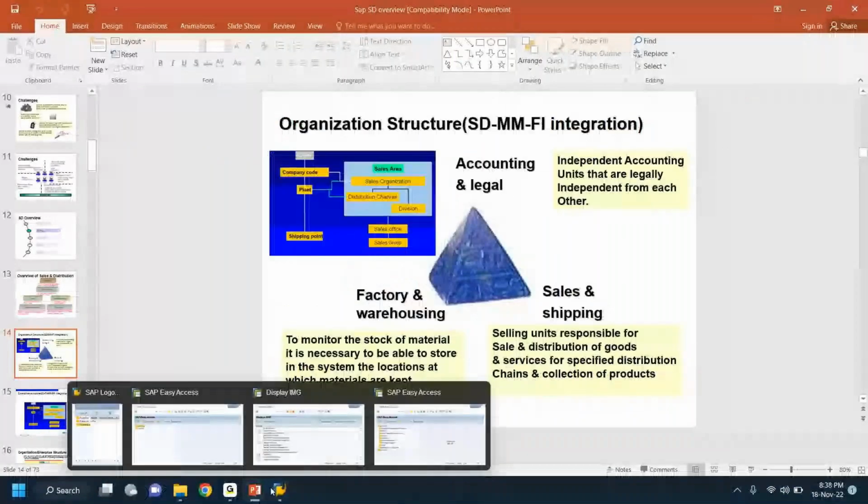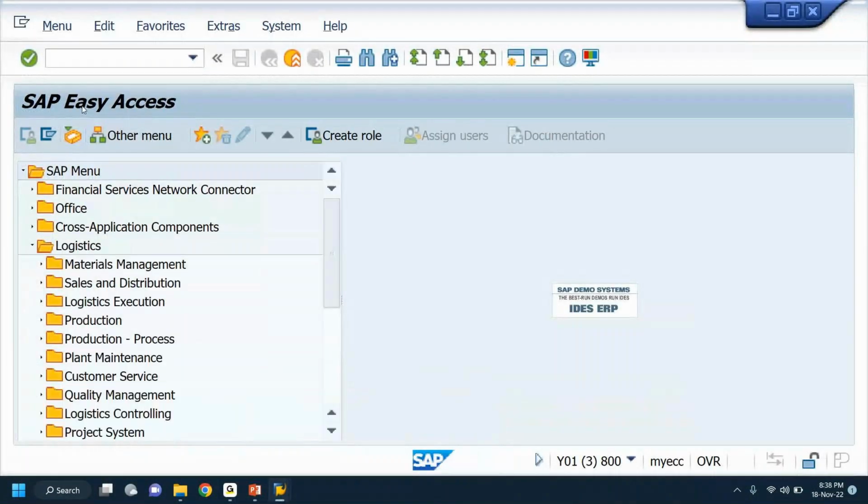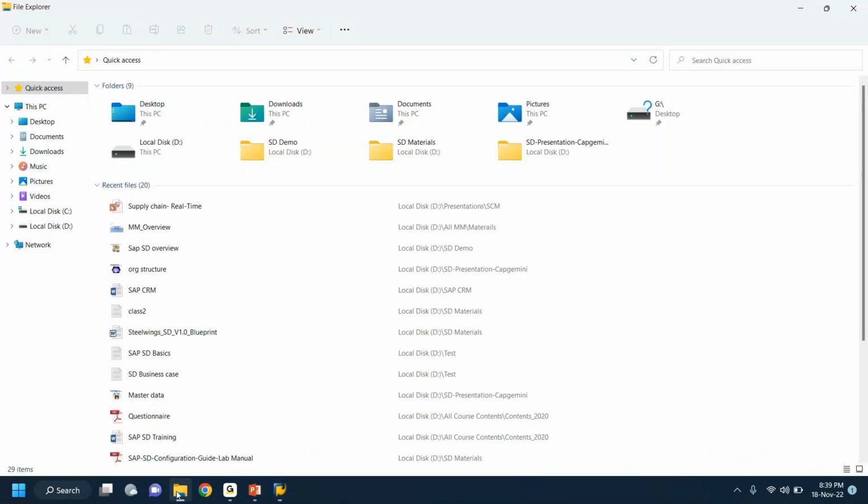The end-to-end businesses we are going to handle in this folder, and I'll be giving you system access for a year along with the course for 12 months. Even after getting the job, you can use it for your sample executions. I'll be giving you the materials for the entire business. That is another thing I can hand over.